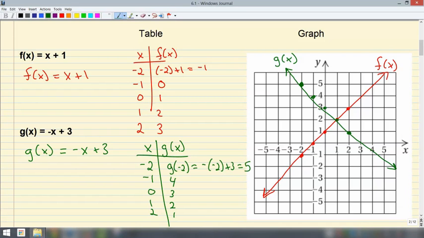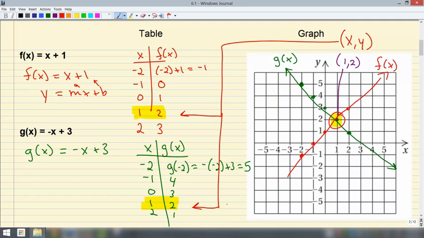The graph that we have appears to intersect at a certain point right here. And that point appears to have coordinates of 1, 2. If you look at the table, you'll notice 1, 2 is in f of x, and 1, 2 is also in g of x. The solution has the exact same x coordinate in both tables, and the exact same y coordinate in both tables.